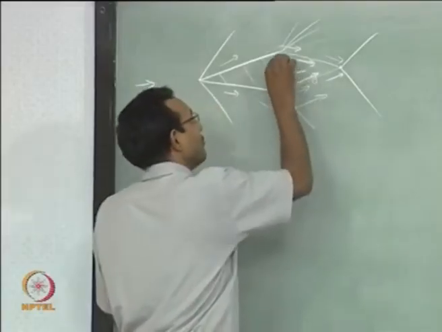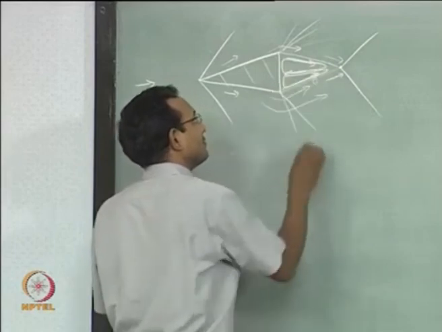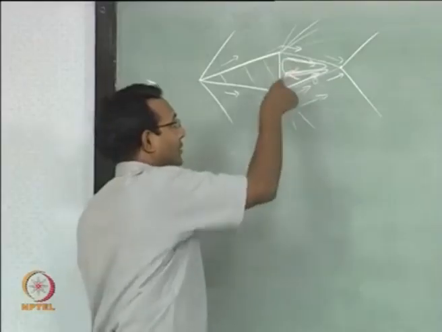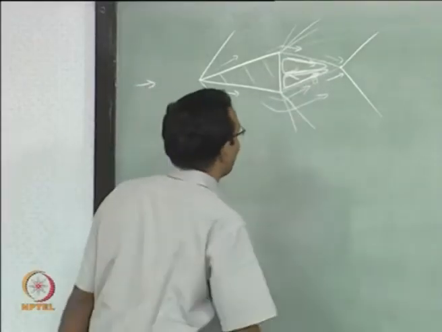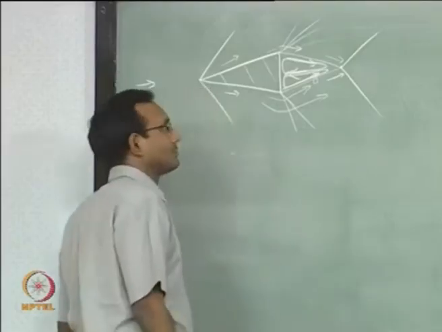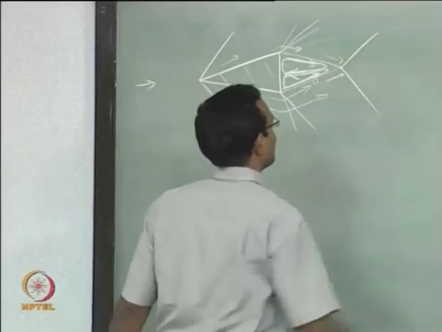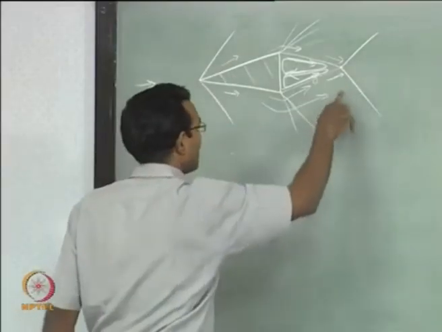So, your whole flow field will look like this. Okay. There will be a recirculation zone, double recirculation zone sitting inside that. This is the kind of flow field you will have at the end of this. Okay. Now, of course, after this the flow is just going to go straight because I am assuming symmetric here. In this case, they are symmetric shocks, everything is symmetric.